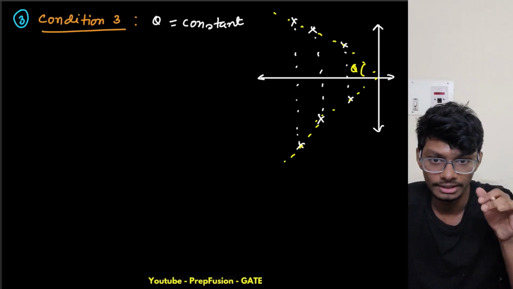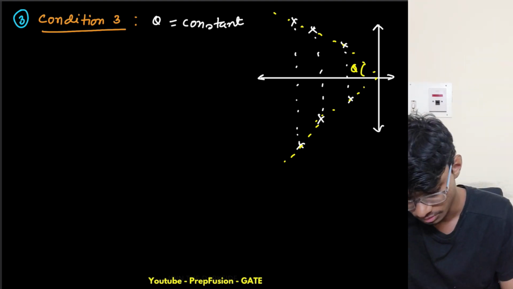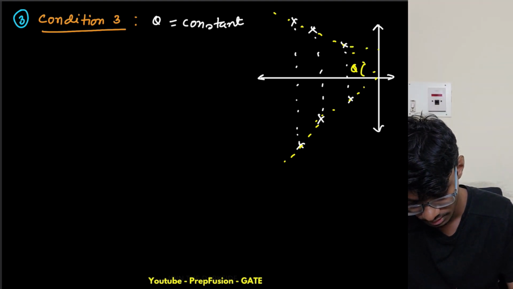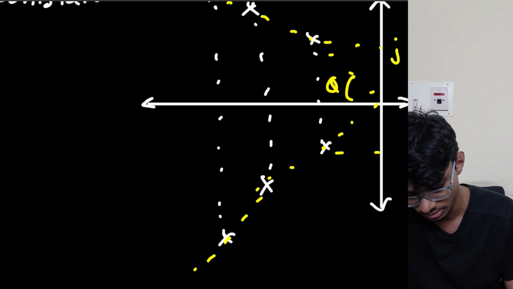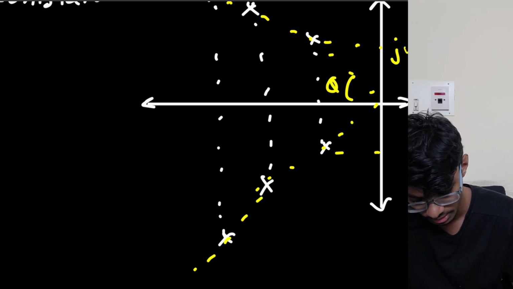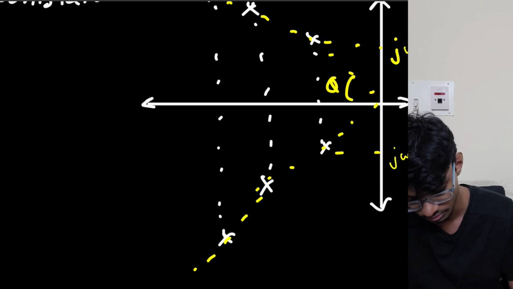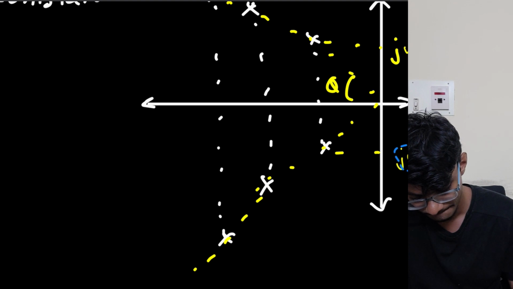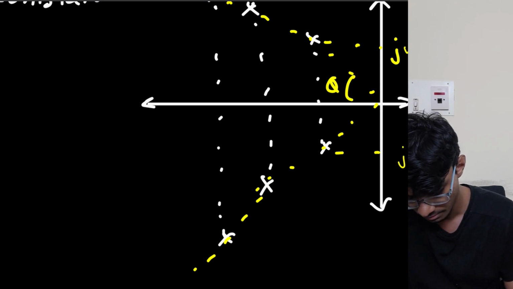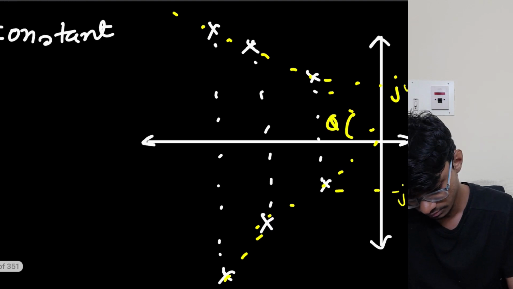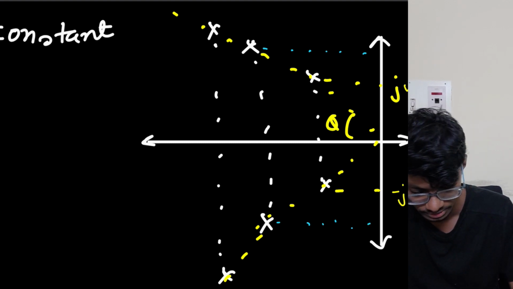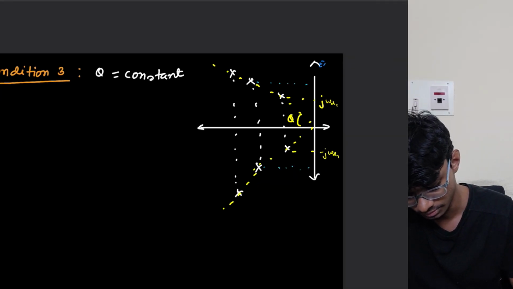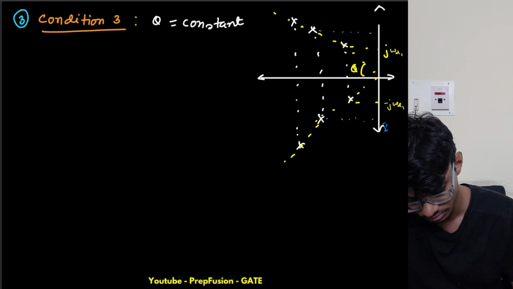So the omega d and zeta omega n values will change. Let me name this one. This one is j omega d1, and this one is minus j omega d1. I need to again increase the height of this one.